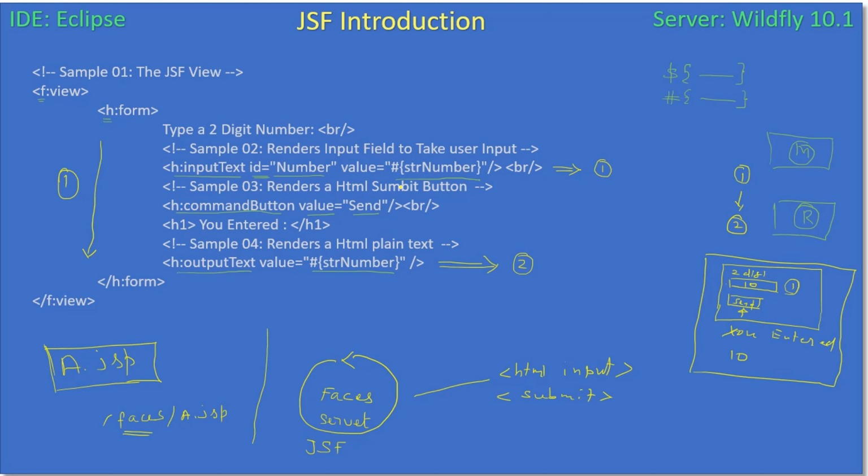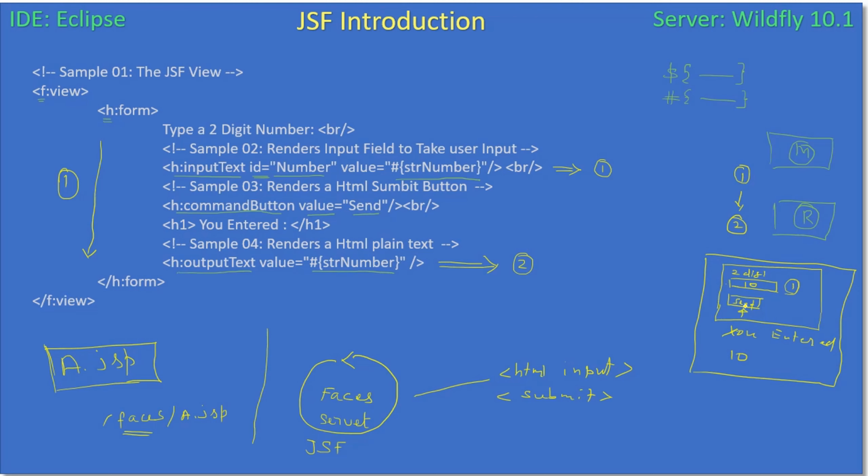So when the form is rendered for the first time, first we will see this text, type a 2-digit number, then we will see the input text. After that we will see a submit button for send, because this is a command button and it will be replaced by a submit button at runtime. Then we will get you entered, and when we are reading we won't get anything, so this 10 will not be displayed for the first time.